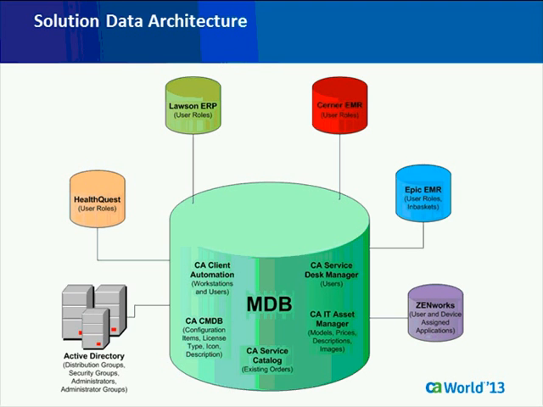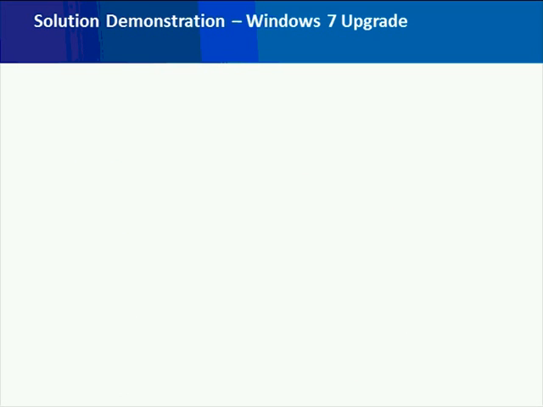And so we bring all of this data together within the MDB, and then we effectively mine the data to produce a catalog that's more intuitive and more dynamic in the way that it displays information. And so I think the next slide is a demonstration. I'm going to jump over.